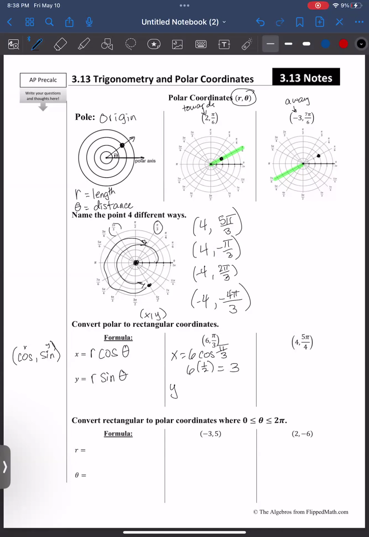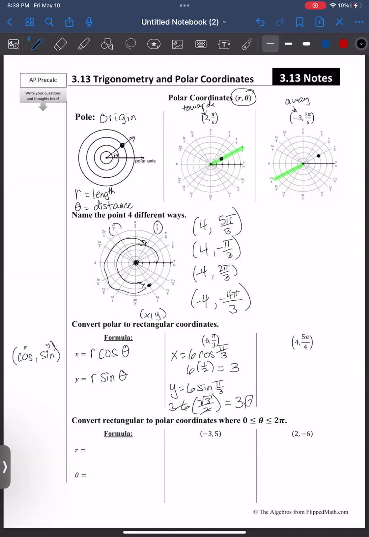And then for the y, it is 6 of sine of pi over 3. And remember that the sine of pi over 3 is square root of 3 over 2. So when I go ahead and do that, my 6 cancels out with a 2, leaving me with 3 square root of 3.